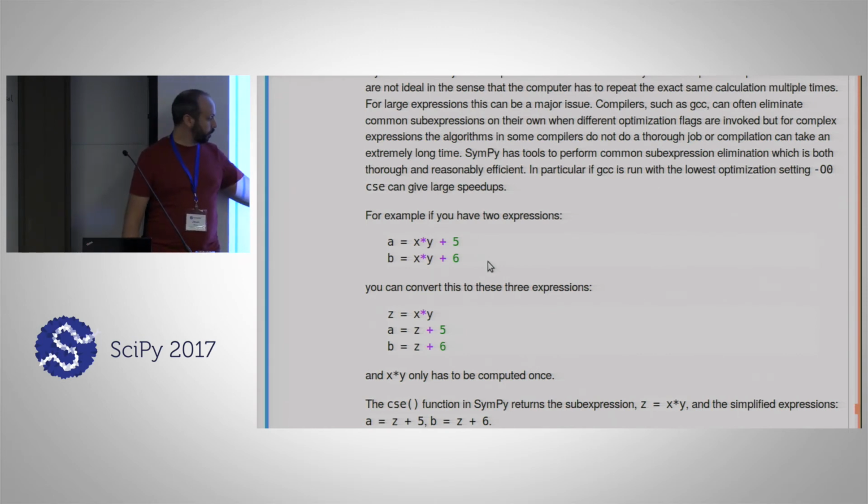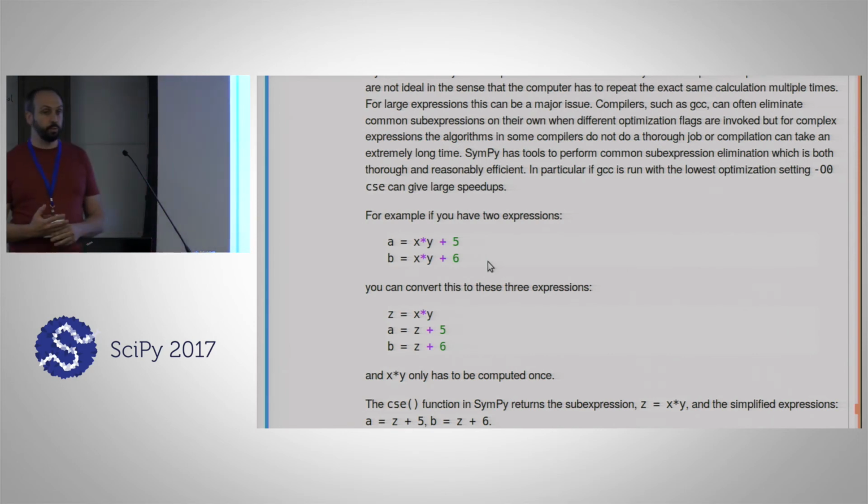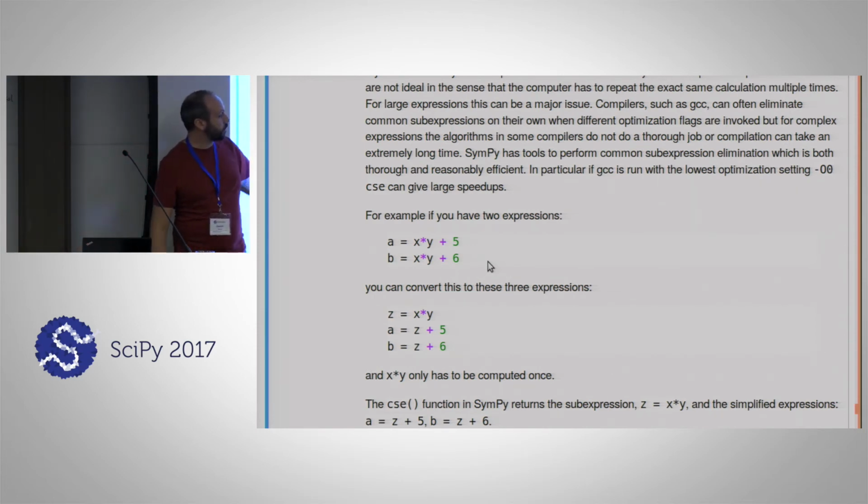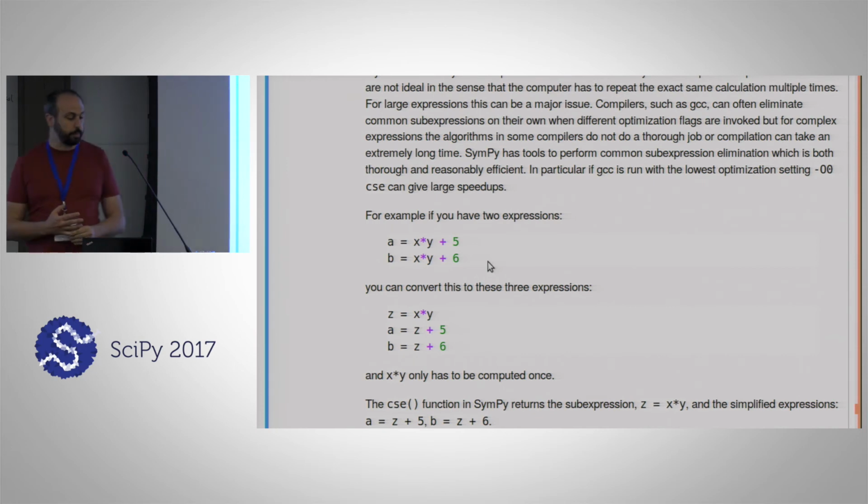So this is called the sub-expression, and it's common to these other expressions. But SymPy can do this pre-compilation for you. And it becomes useful in particular when you're not using optimization settings and with different particular compilers, and also find that it increases the compile time.